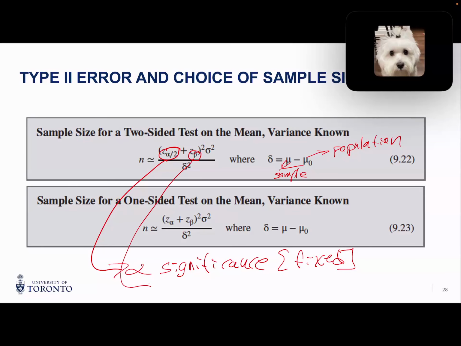Z beta is your type 2 error. Typically speaking, calculated. And so what these formulas are saying is, hey, I want a Z alpha/2 of this and a type 2 error of this, given my variance and how close they are to one another. How many samples do I have to take to get there?